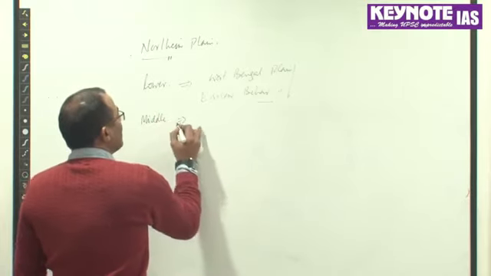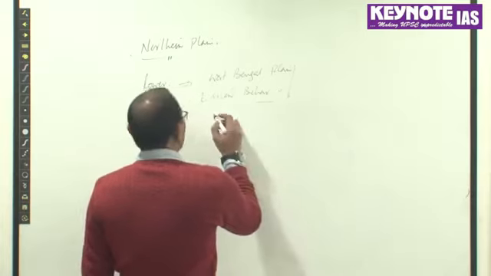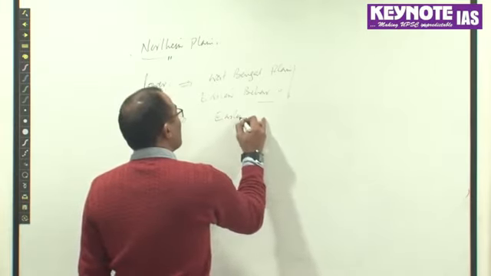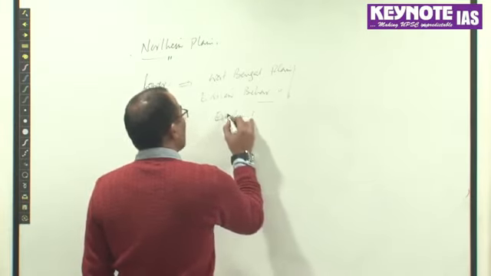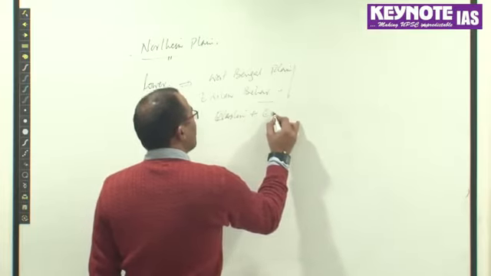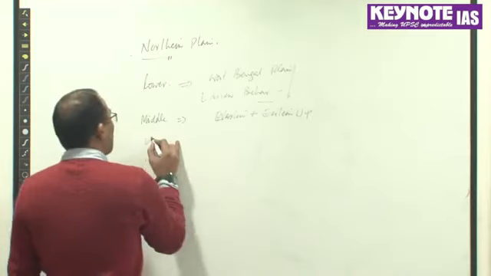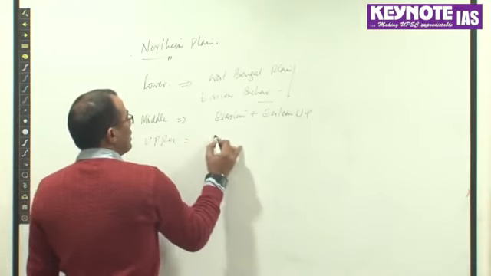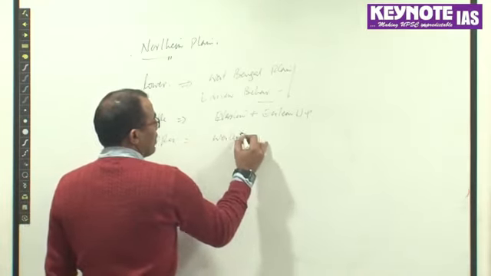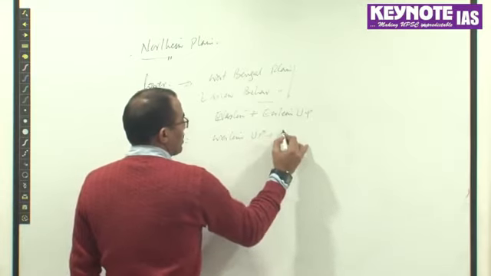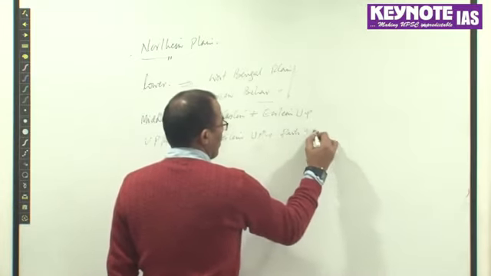Middle is basically the Eastern Bihar, Western Bihar plus Eastern UP. Upper Ganga plain is basically Western UP plus parts of Uttarakhand.